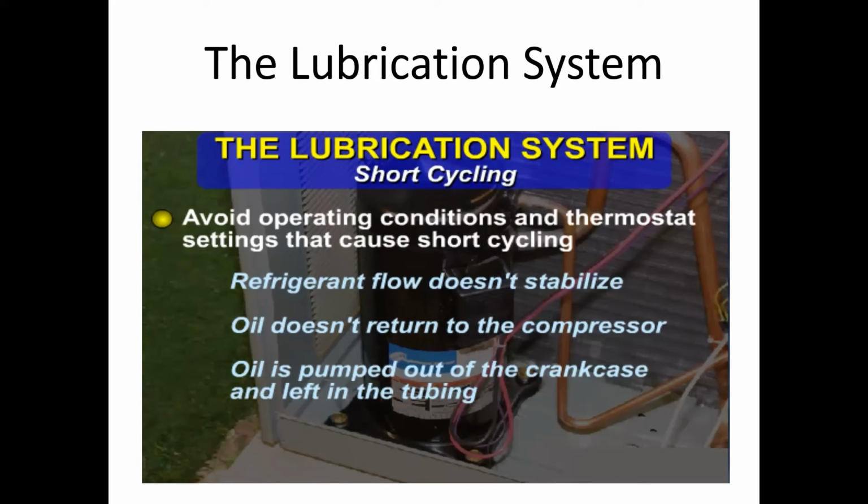So if we start a system up for a very short period of time, and then start it back up again, it takes a while for that oil to come back to the compressor. We leave it out of the crankcase in our suction line or in our liquid line if it's being pumped out, and that can be enough time to kill our compressor.